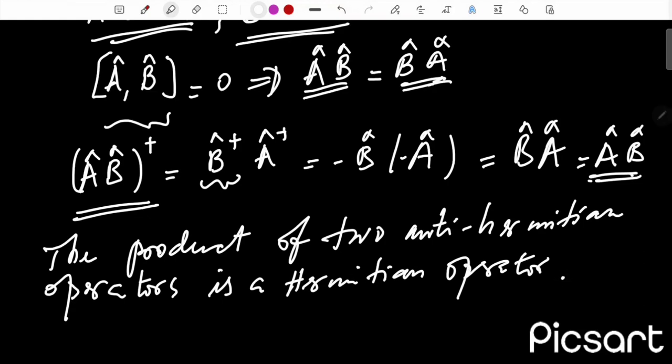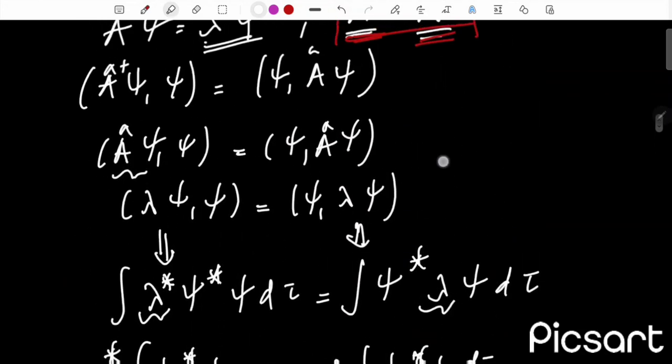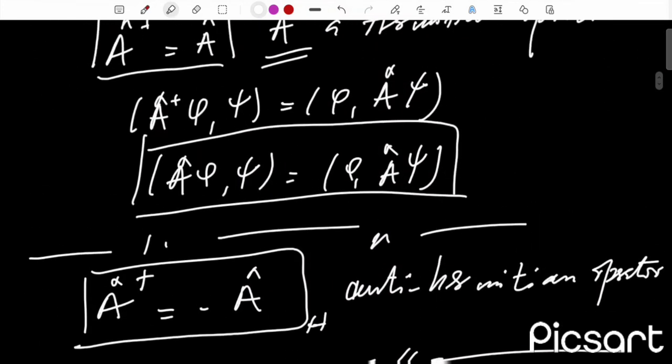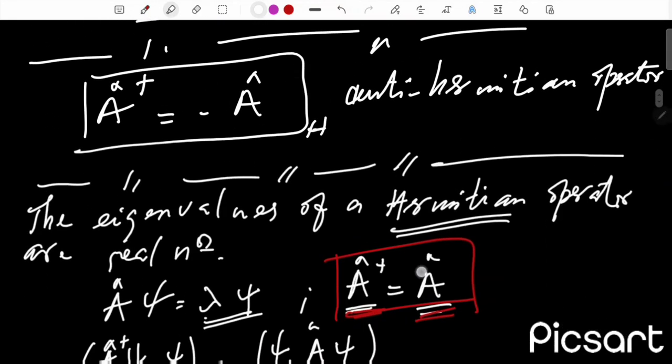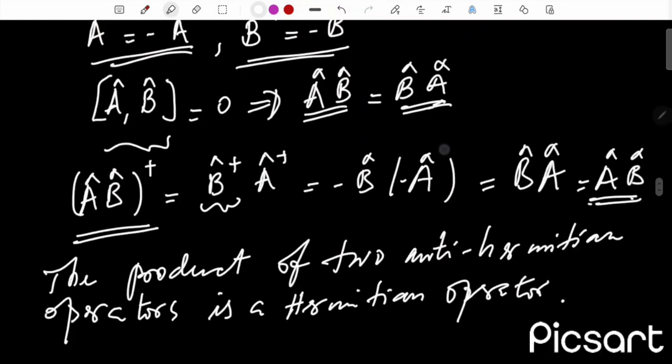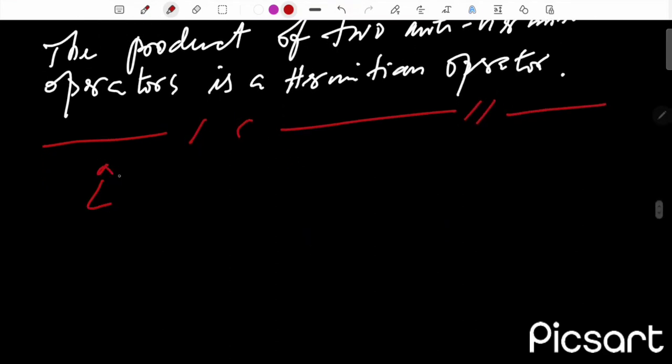Okay, now we try to show that these two operators here are Hermitian operators. To show this I will change the color, and we have L equal to minus i times d over dx, and M equal to d squared over dx squared.